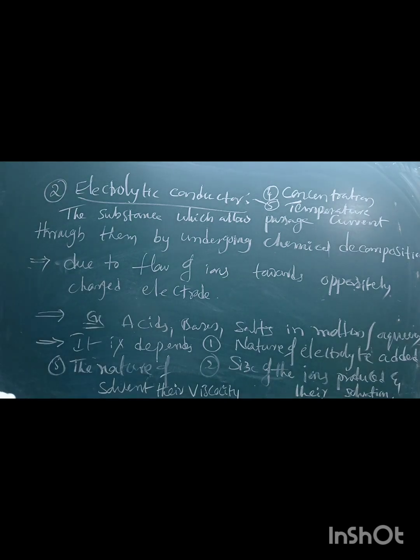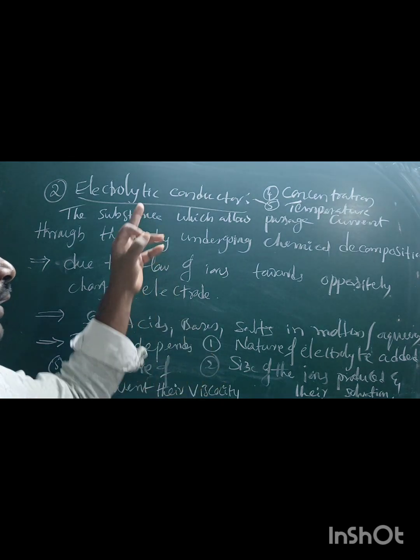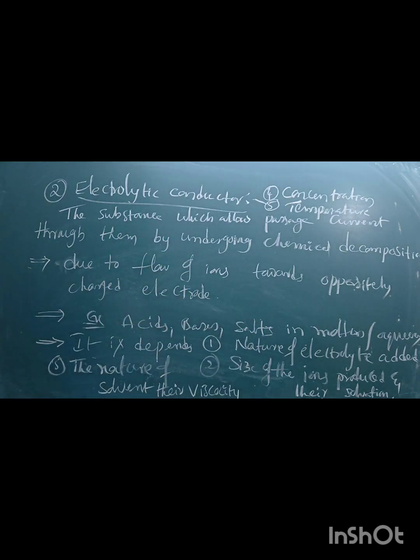In a metallic conductor no chemical change occurs, but in electrolytic conductors ions are oxidized and reduced at the electrodes. Metallic conduction does not involve transfer of matter, but electrolytic conduction involves transfer of matter in the form of ions.